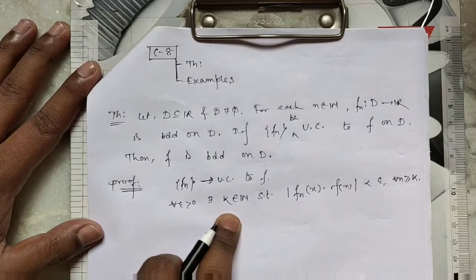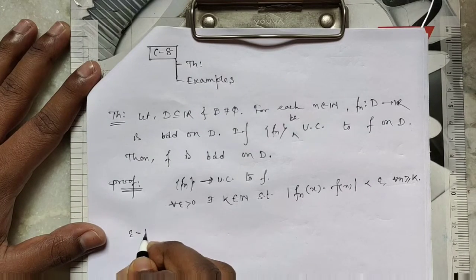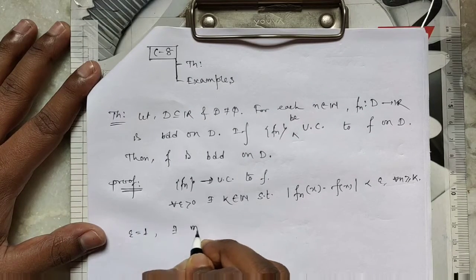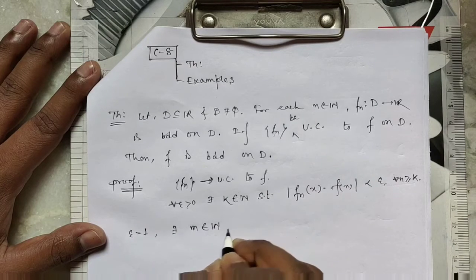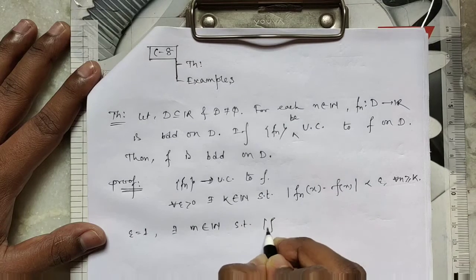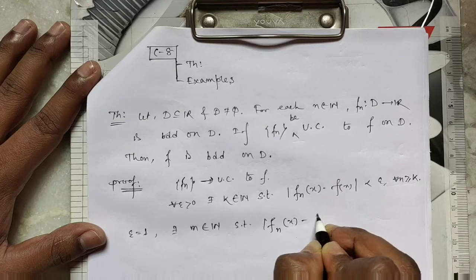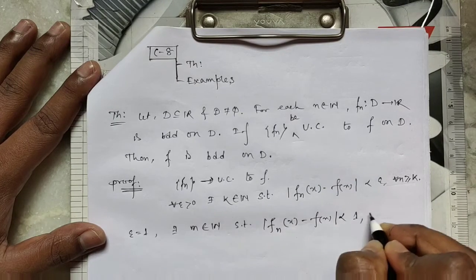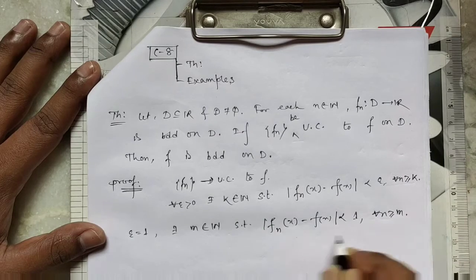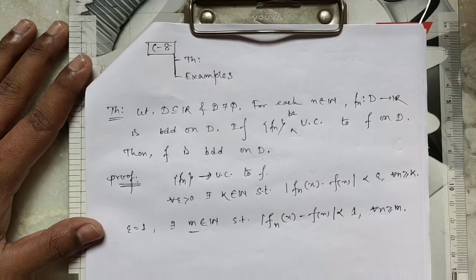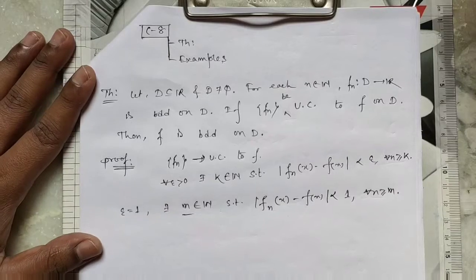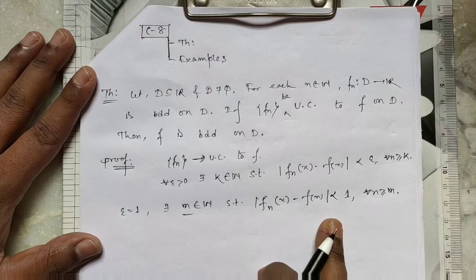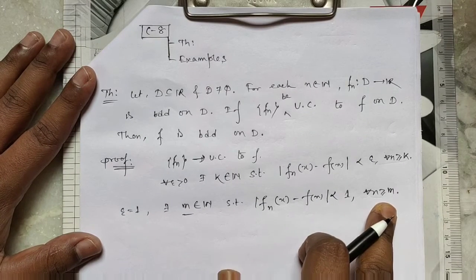So for epsilon equal to 1 there exists a natural number, say m, such that mod of fn(x) minus f(x) is less than 1 for all n greater than or equal to m.